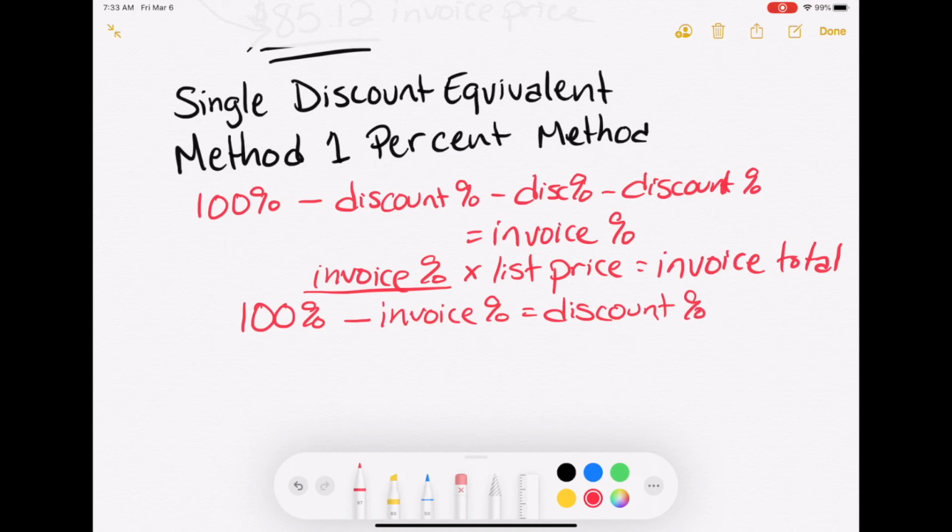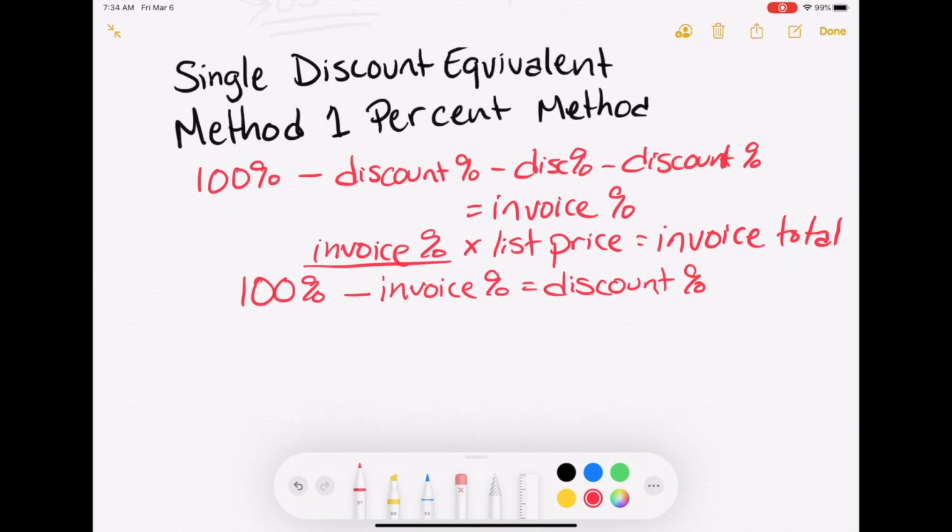So if we look at example 2, the series of discounts was 20%, 10%, 10%. So we took 100% minus 20%, 80% minus 8%, 72% minus 7.2%, and we get an invoice percentage of 64.8%. So we can take that 100% minus the invoice percent, and that gives us the single discount equivalent.